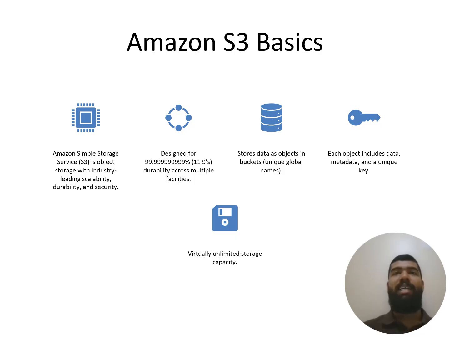The data is stored as objects in buckets. Each object consists of the data itself, which you could also call a file, the metadata, and a unique identifier. With S3, you get virtually unlimited storage capacity across a variety of availability zones.